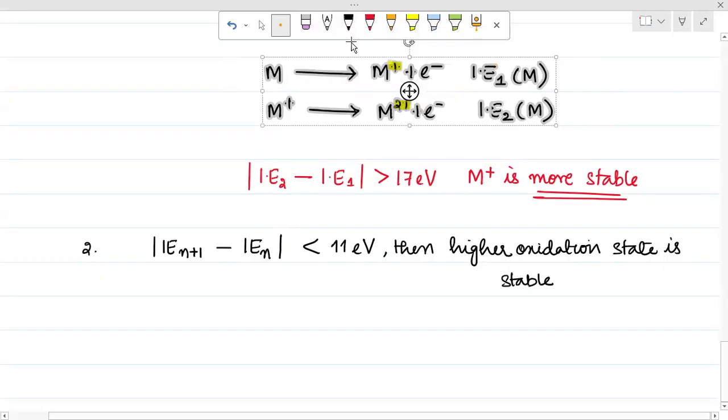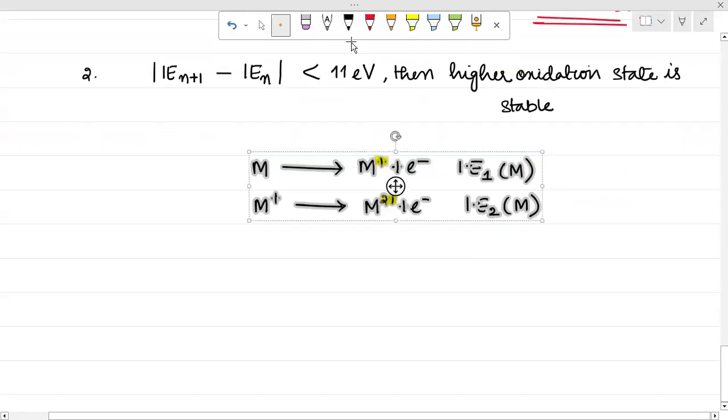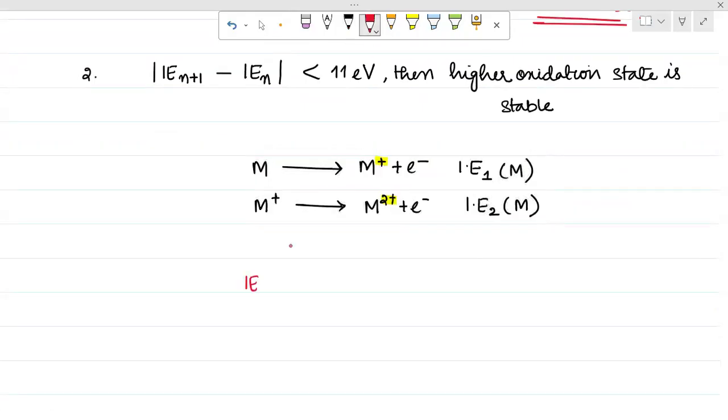Upon subtracting IE2 minus IE1, and when I take the modulus, if I get a value which is less than 11 electron volts, then among the two oxidation states, the one which is higher, which means M2 plus, is stable. Okay. Very easy.